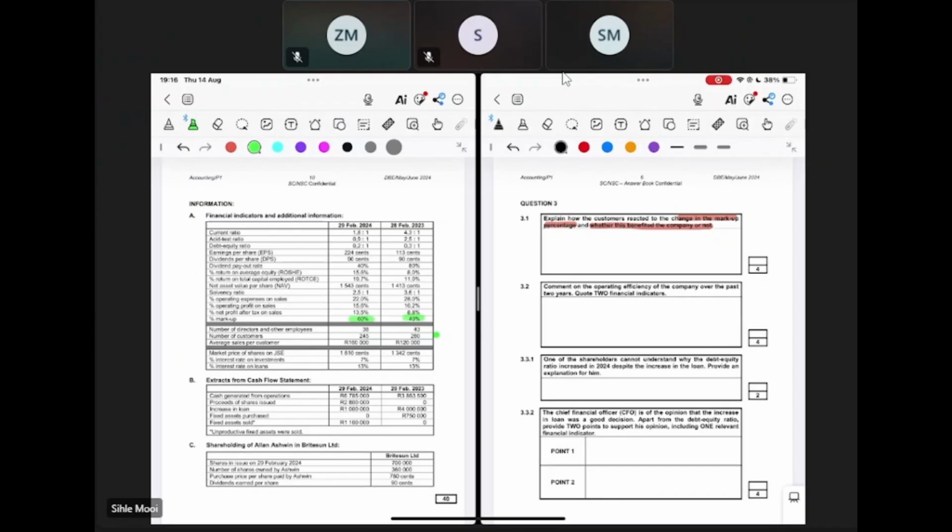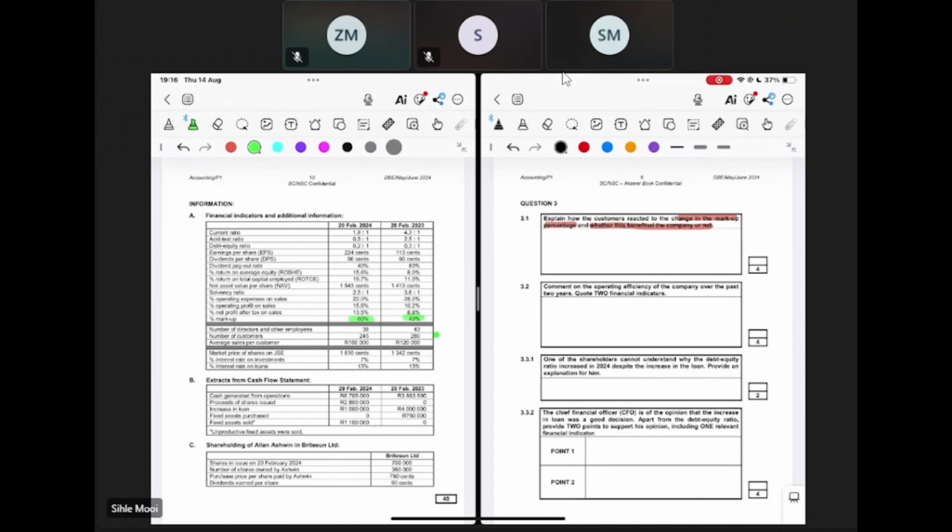Okay, so I'll explain. As you can see, our customers decreased. We went from having 280 customers, now we only have 245. So customers weren't happy with that change, so we lost out on customers. That would be your first part, explaining how the customers reacted.